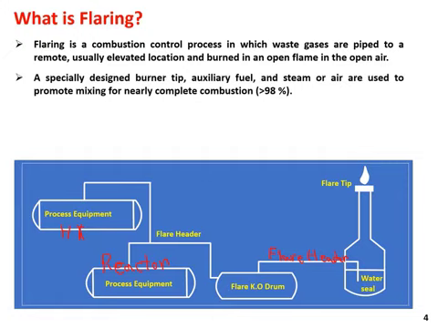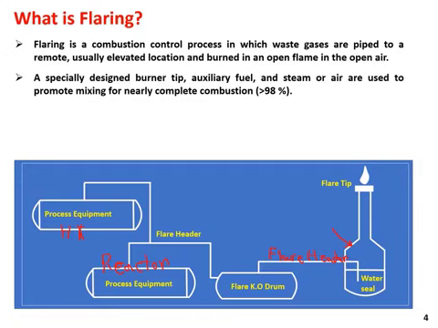Even designing such a flare system has a very special design. The tip has a special design. Auxiliary fuel: sometimes we need to use air to burn this gas, so we inject air through the flare as well to burn the gas.